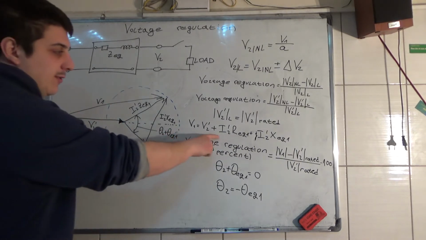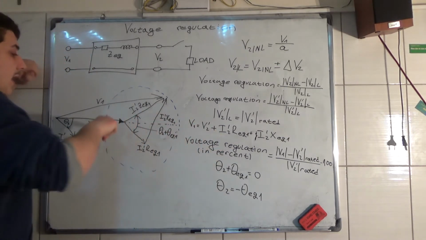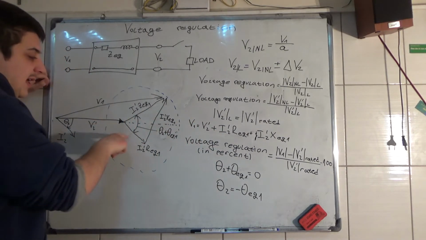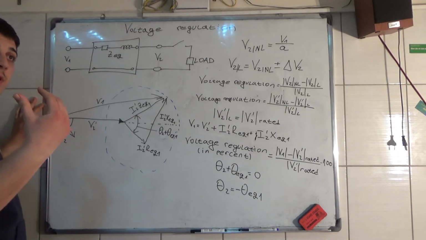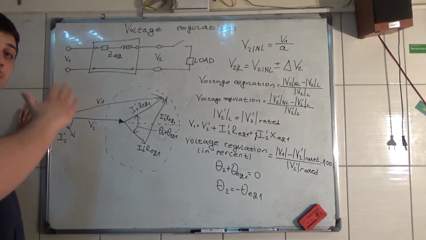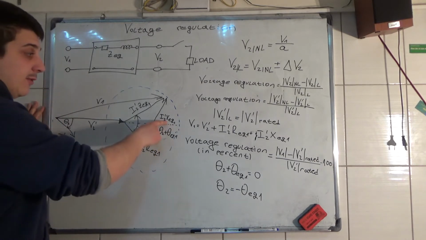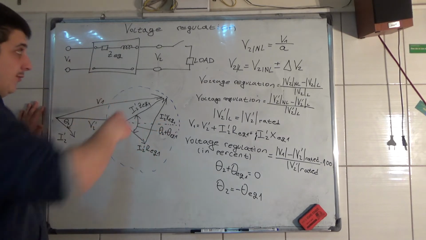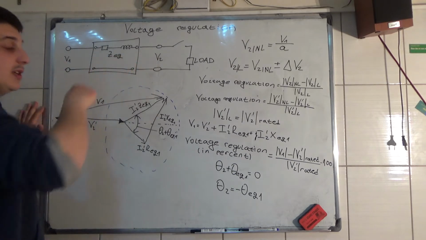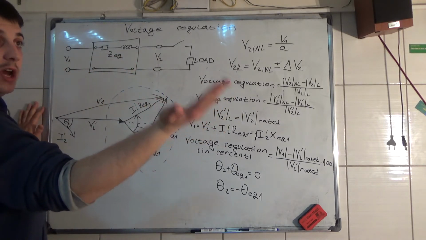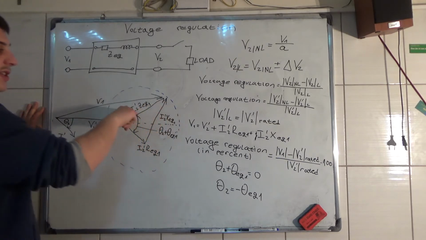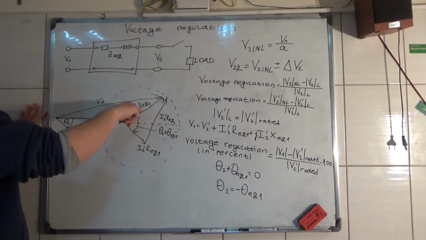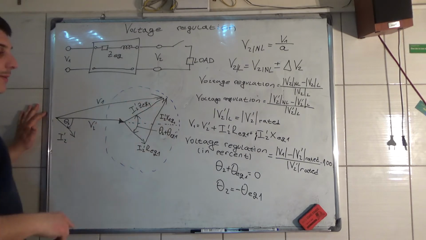Now look at this formula here. As you can see, V2 plus I2 Z equivalent 1. For the resistive elements, there is no phase shifting. But for the inductive, and of course this is inductance, you have phase shifting of about 90 degrees. So this plus this is equal to I2 prime times Z equivalent 1.